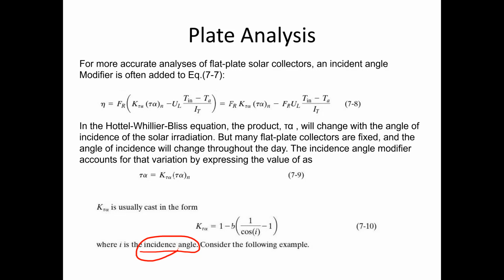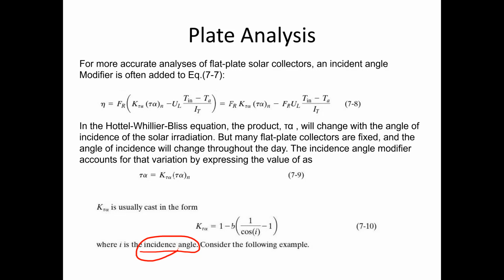So in the original efficiency equation they were looking at, the Hottel-Whillier-Bliss equation, the product T alpha, transmissivity times absorptivity, will change based on the angle of incidence of the solar radiation.